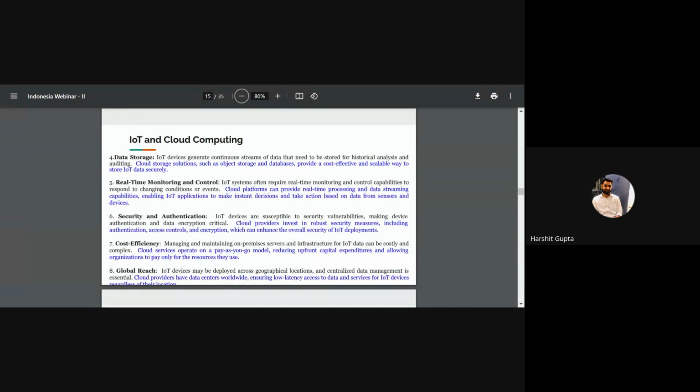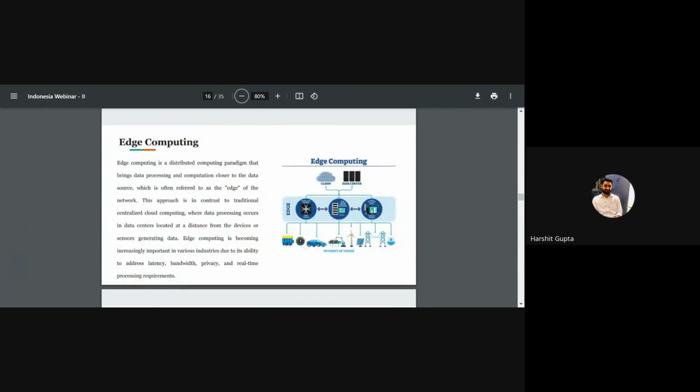It should be done in an automatic manner. Then the world of the Internet of Things will be very effective, and it will be feasible to use such millions of IoT devices. So this was about cloud computing and the Internet of Things.